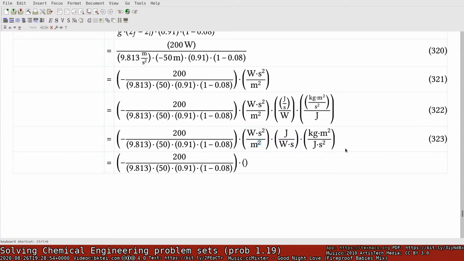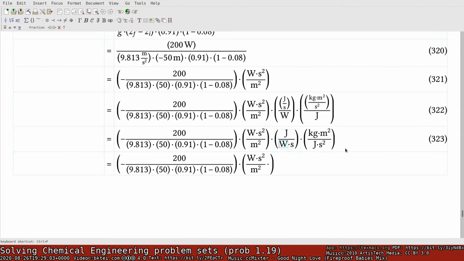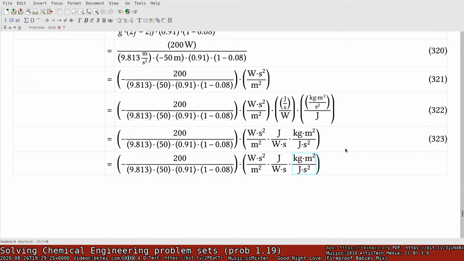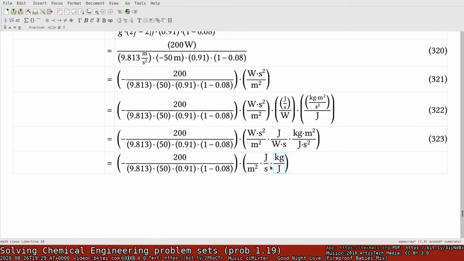I'll write them all out. And we get kilograms per second. Great, that's exactly what we want.